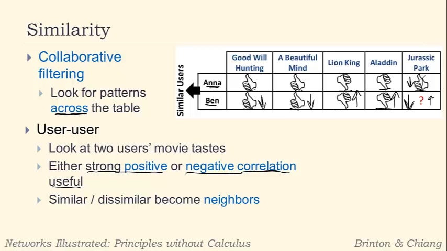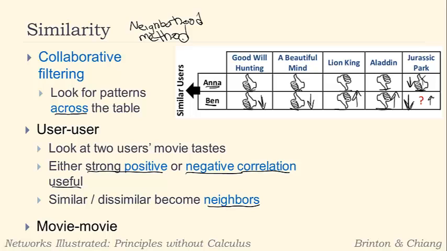Whether Anna and Ben are very similar or very dissimilar, we call them neighbors. That's what we use when we develop what's called the neighborhood method. We'll look at how we develop the neighborhood predictor throughout the rest of this lecture.